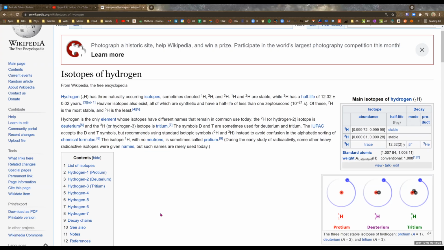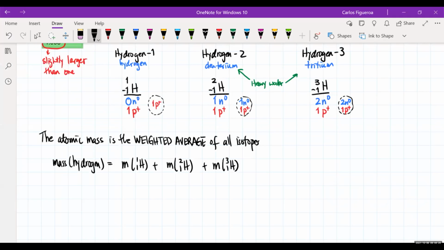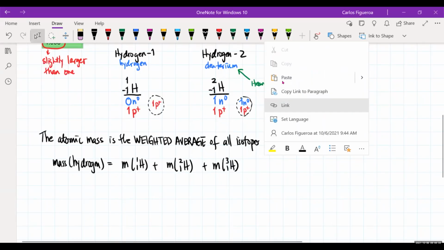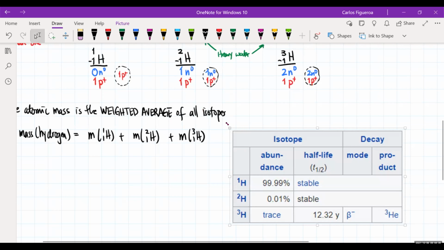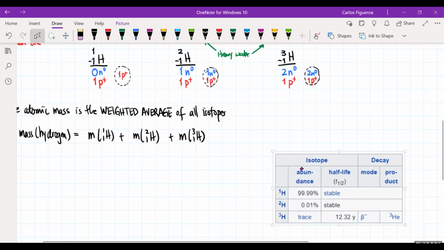I'm going to go back to my table, and I've already copied the table, and this is what I'm seeing here. Okay, so this is my table.